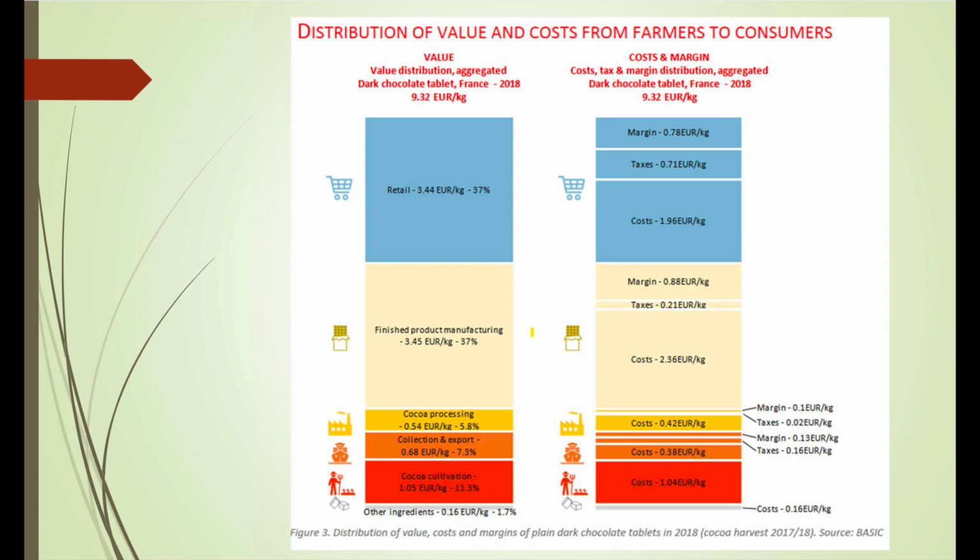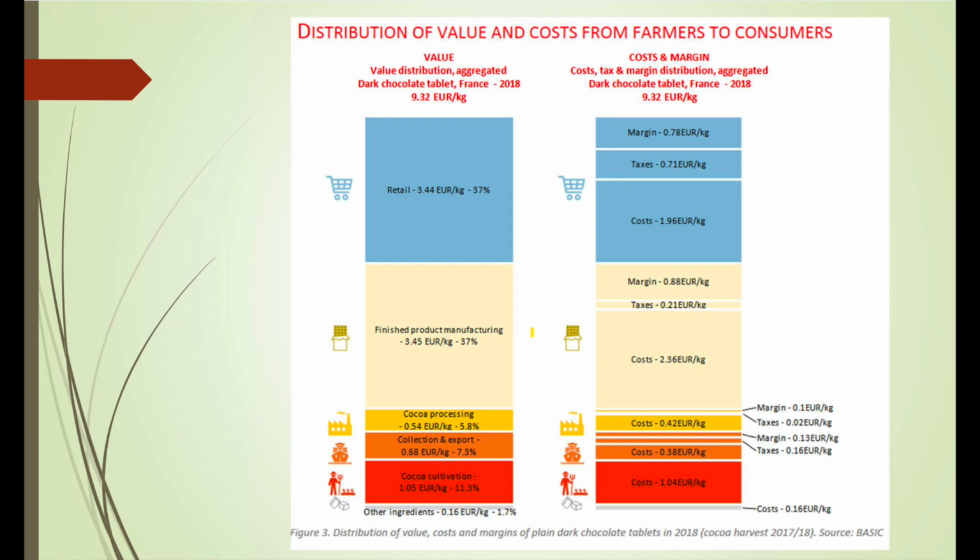Another way of showing the power of those firms is more vertical. If you take, for instance, in this case, it's the repartition of the value and the costs for the cocoa. I think it's cocoa or coffee. I don't remember. It's dark chocolate, so it's cocoa. And you see, for instance, that for farmers, their cost is almost exactly the same as the value.